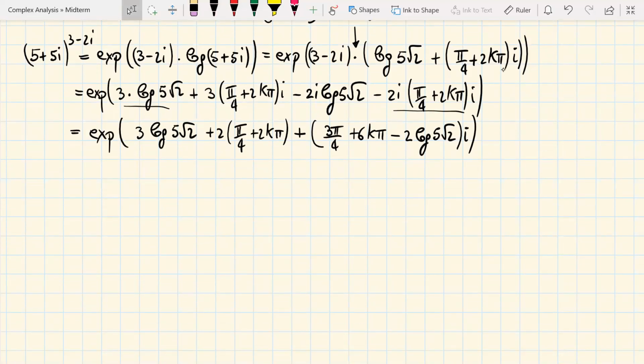And now what we can do is use the property of the exponential in order to write this number in polar form.